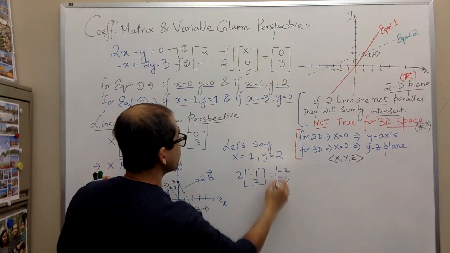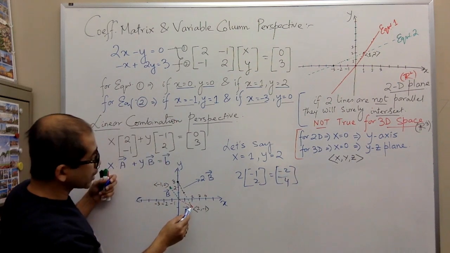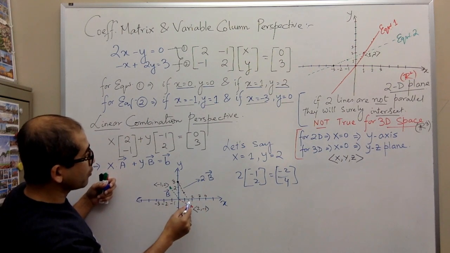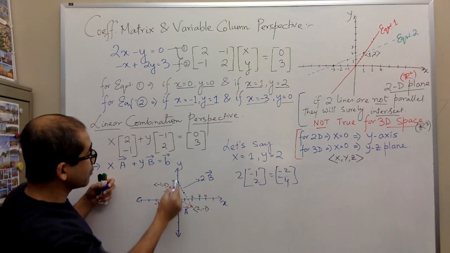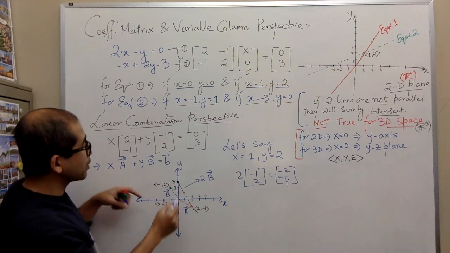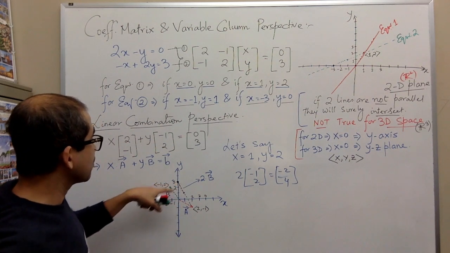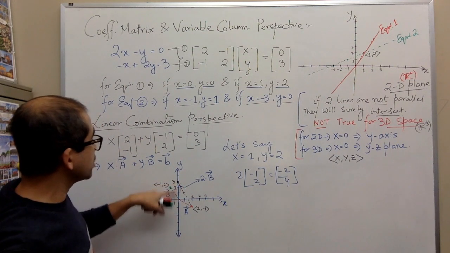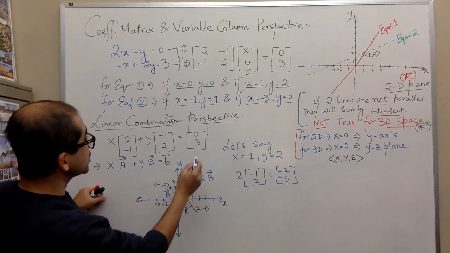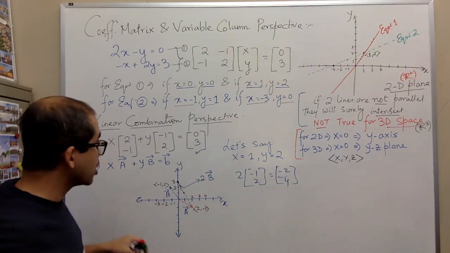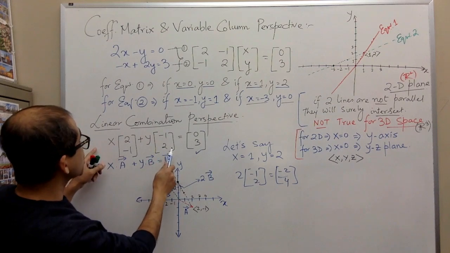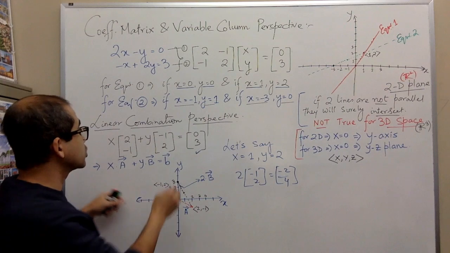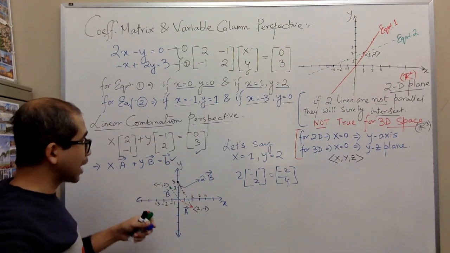Then from this point, which is 2, minus 1, the tip of a, if we go minus 2 on the x-axis and then 4 on the y-axis from this position, we land on the point 0, 3, the black line. Now you see 0, 3 is the solution we were looking for. That means we found the linear combination of these two vectors that creates the third vector, which is b. Okay, and graphically we have shown that.